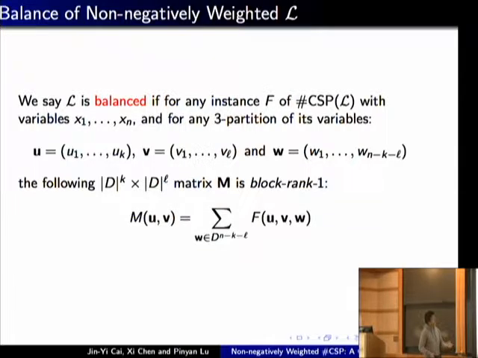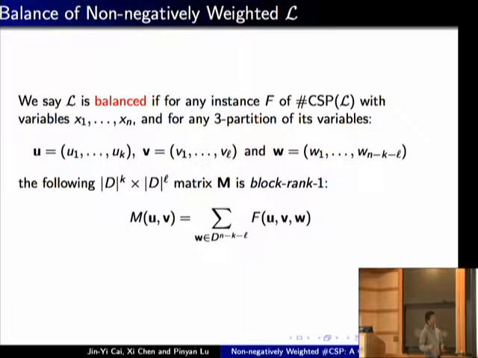So we can similarly define the notion of balance for a weighted constraint language, L. Again, we pick any instance of this CSP(L), and we partition the variables into three parts, U, V, W. And we look at this matrix where the U, V entry is the sum of F over all possible W's. This is just a way to replace the counting of W's.